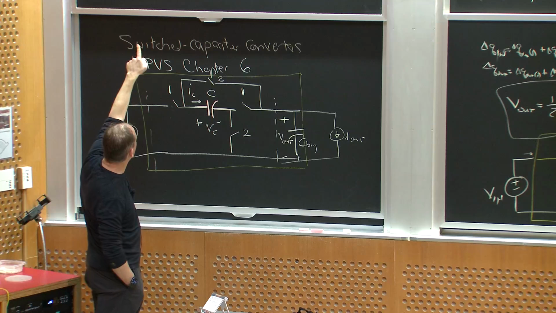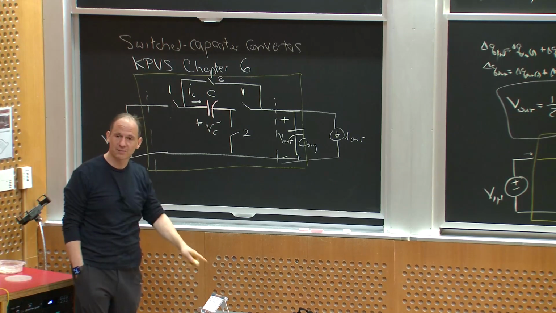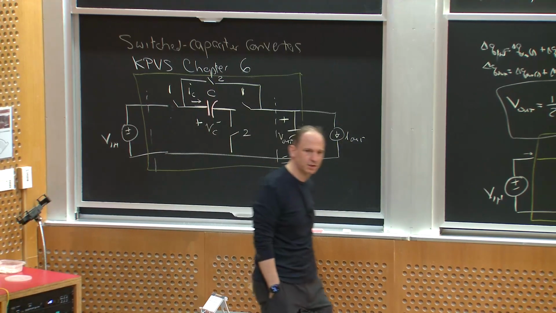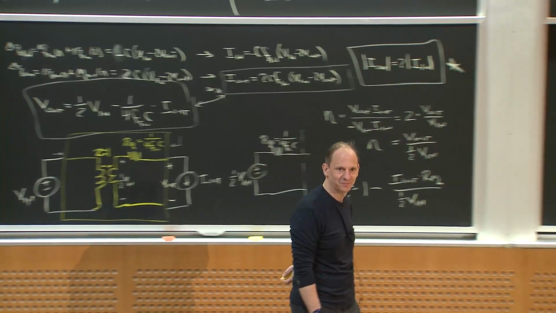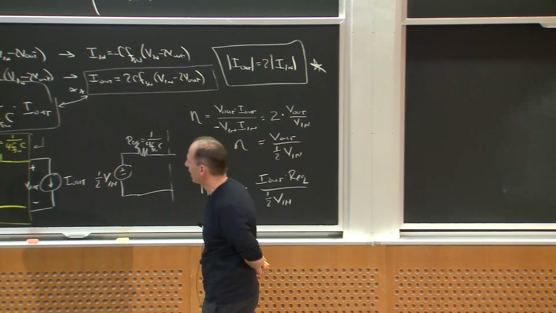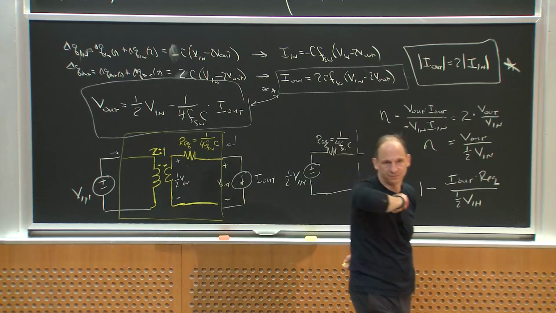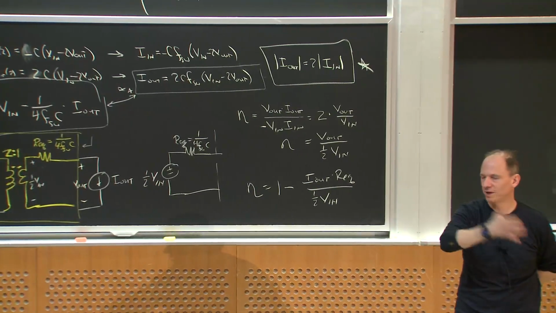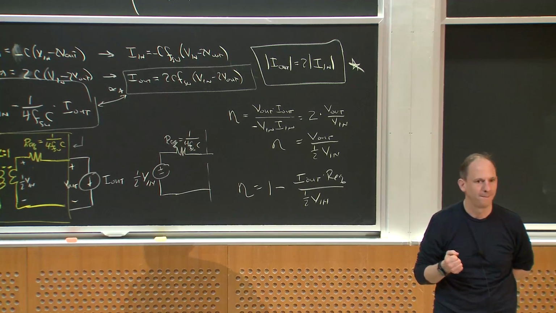But the loss associated with the switches delivering current to charge the capacitor and discharge the capacitor. You notice the switch resistance isn't even in here anywhere. It doesn't really matter what the switch resistance is, okay? The only constraint I have is that I have to finish charging and discharging, okay? And you can do this by basically charge methods to find out the efficiency.